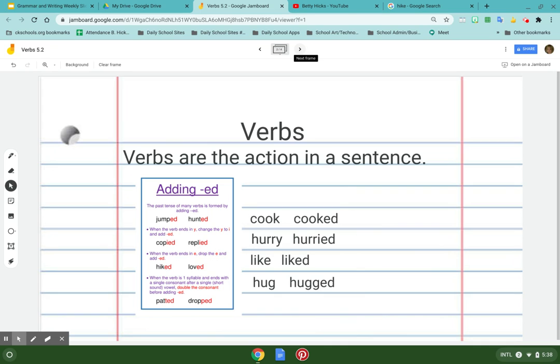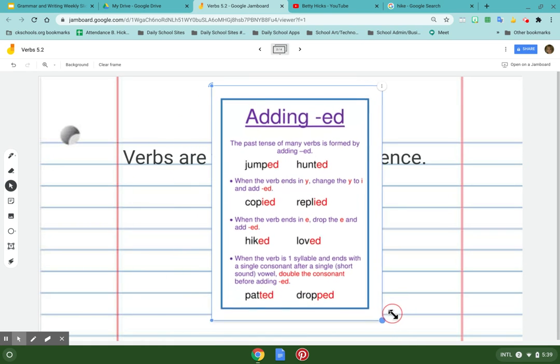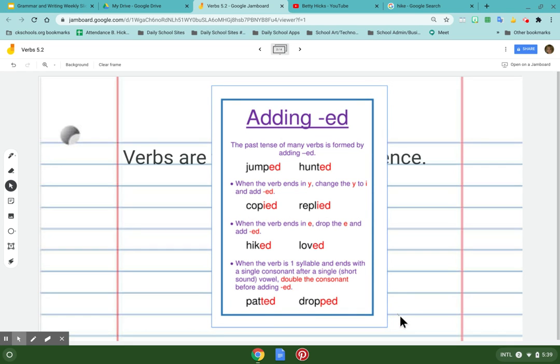All right, let's look at this poster right here because these are the rules that go with adding ed. It's very important that as we go through second grade and third grade, you really get these rules down. It says the past tense of many verbs is formed by adding that ed. If it's two consonants that end in a word, you just add the ed. When the verb ends in y, you have to change the y to i and add ed.